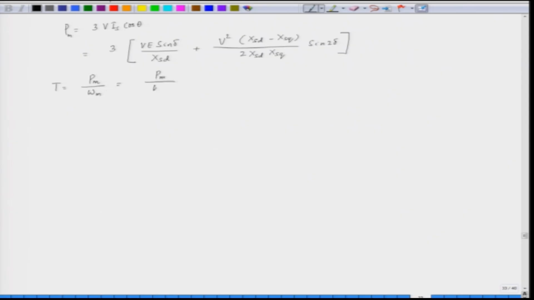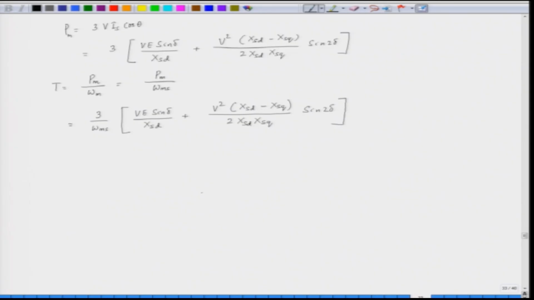Pm by omega ms. So, that is equal to 3 by omega ms into VE sin delta by X S D plus V square into X S D minus X S Q divided by 2 X S D X S Q into sin of 2 delta.